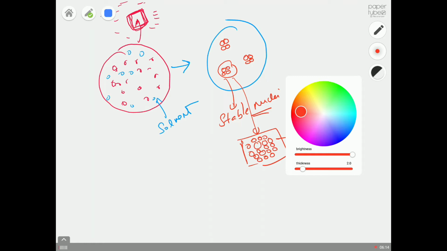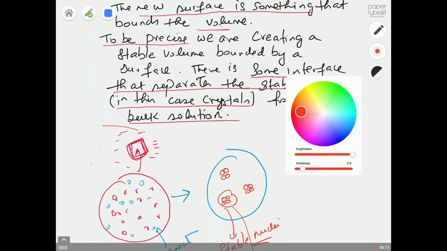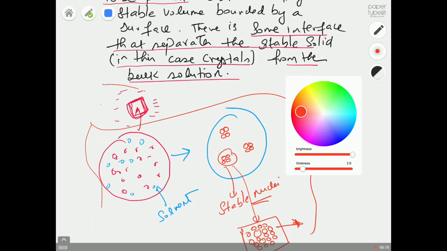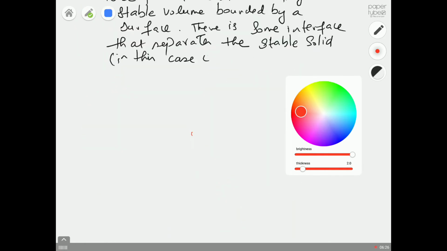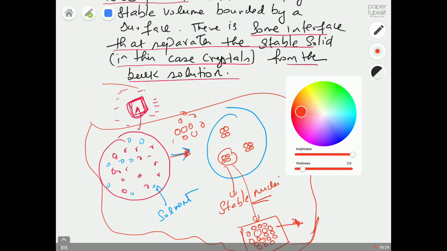So that's what happens. This is the whole process of what happens during crystallization. And in fact there should be some intermediate step. The molecules come, they arrange in a random way, and then they eventually settle into stable nuclei. So try to check my previous lectures on this topic, and you'll get some idea.